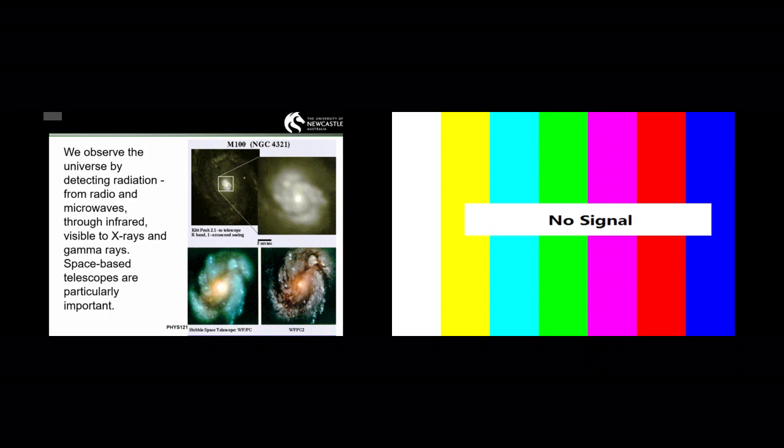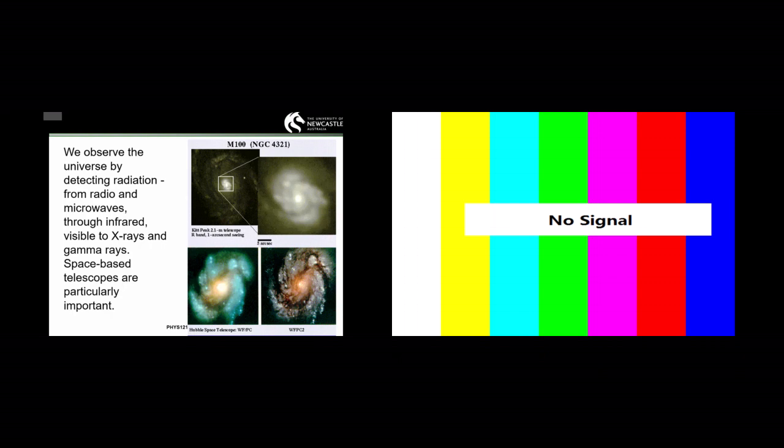These are all parts of the electromagnetic spectrum, through to X-rays and gamma rays. And there are a selection of telescopes, some of which are on the ground and others of which are up above the Earth's atmosphere, because only certain parts of the electromagnetic spectrum can actually penetrate through the Earth's atmosphere down to the ground. So if we want to look in certain wavelengths, we've got to go above the atmosphere. Other times we can look from the ground.